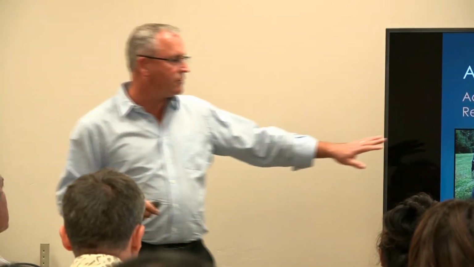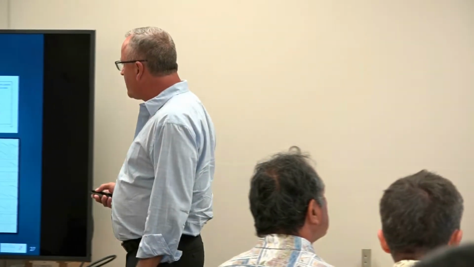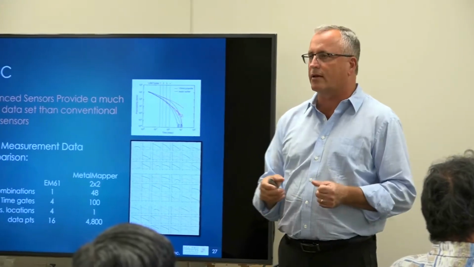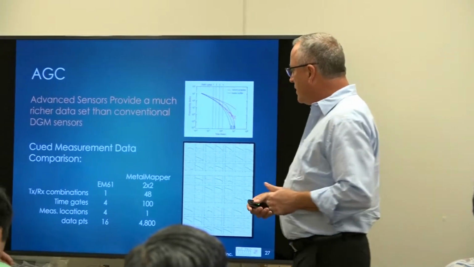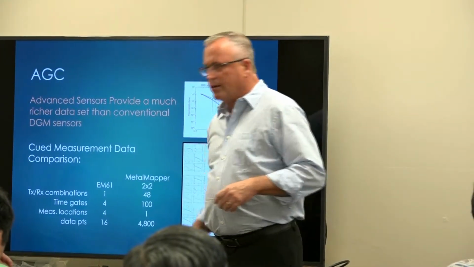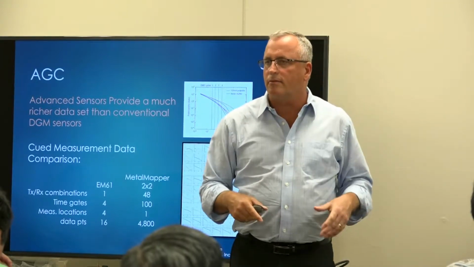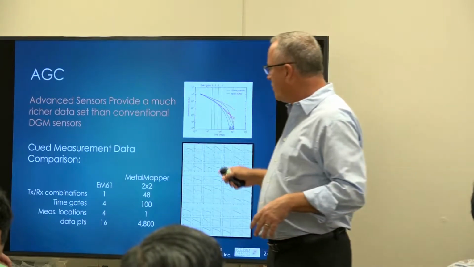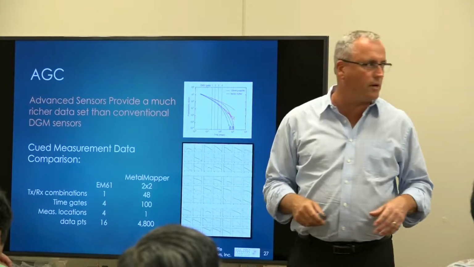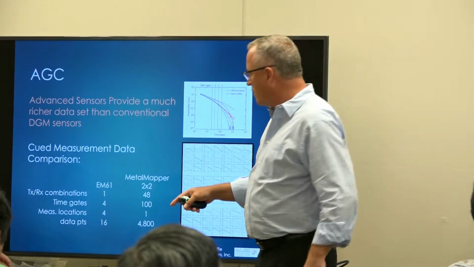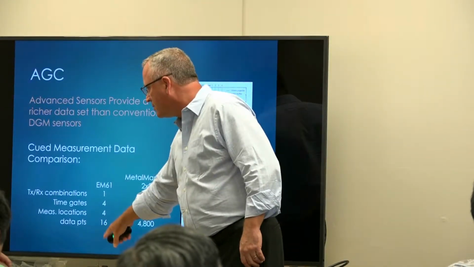Right? And if you set this over a sensor, I think I have this in this slide. Yeah. So if you're trying to do a static interrogation of a target with an EM61, you do 4 measurement locations to try and simulate where the 4 MetalMapper 2x2 portals are. And you get a total number of data points of 16.